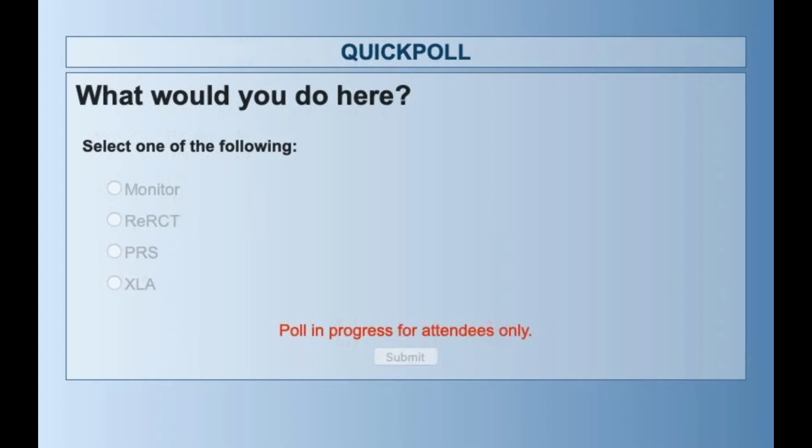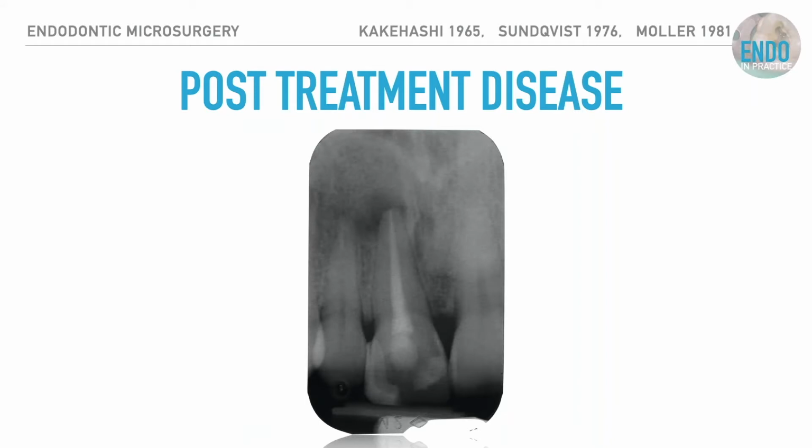Okay, so again, the majority of you voted, and we turned out about 10% monitor, 70% re-RCT, 8% periradicular surgery, and 4% XLA. Okay, let me close that. So I was a wee bit sneaky. I didn't give you the full history that I would expect to take when you're dealing with something like this.